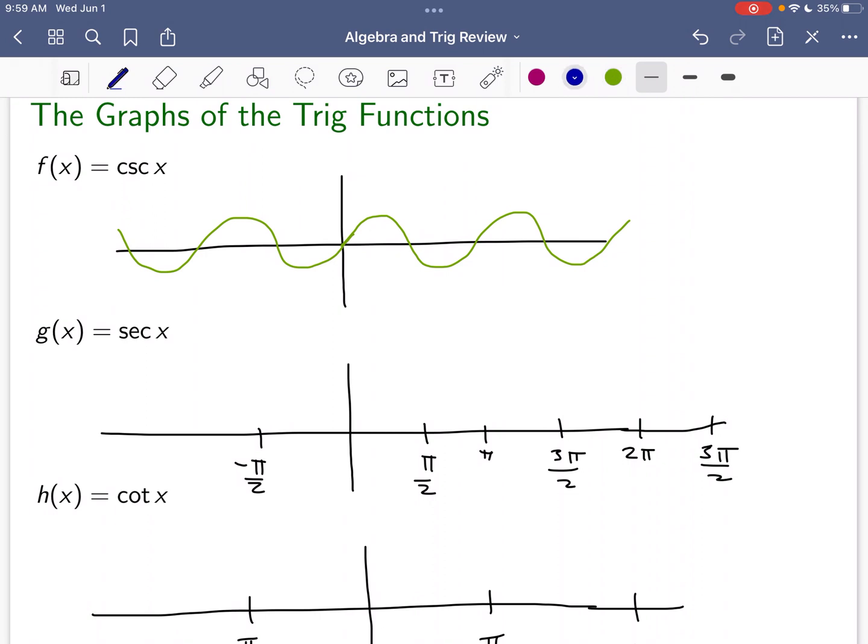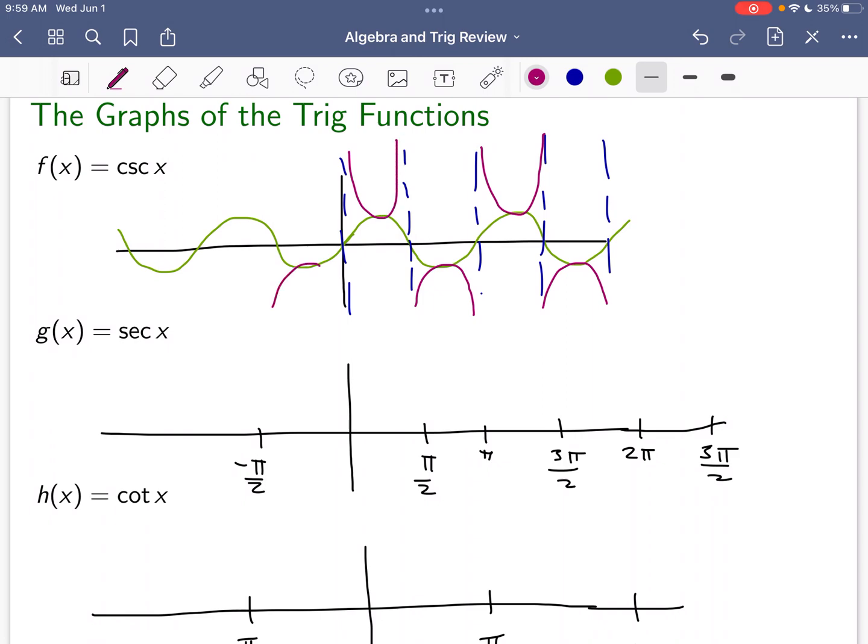So wherever sine is 0, my cosecant graph is going to have a vertical asymptote, because cosecant is 1 over sine. And then the cosecant graph, it's going to be this magenta color. It's going to just touch that sine graph at each one of these points, and it's going to have vertical asymptotes whenever sine is 0. So that's our cosecant graph.